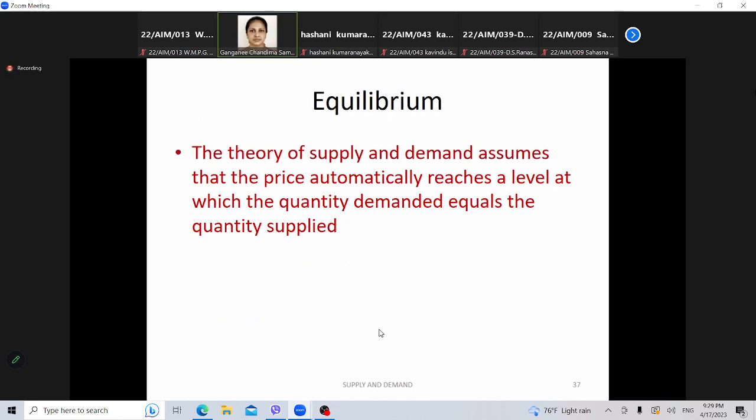The theory of supply and demand assumes that the price automatically reaches a level at which the quantity demanded equals the quantity supplied. That's very important. So at the equilibrium point, quantity demanded equals quantity supplied. That's why we call it the market equilibrium point.